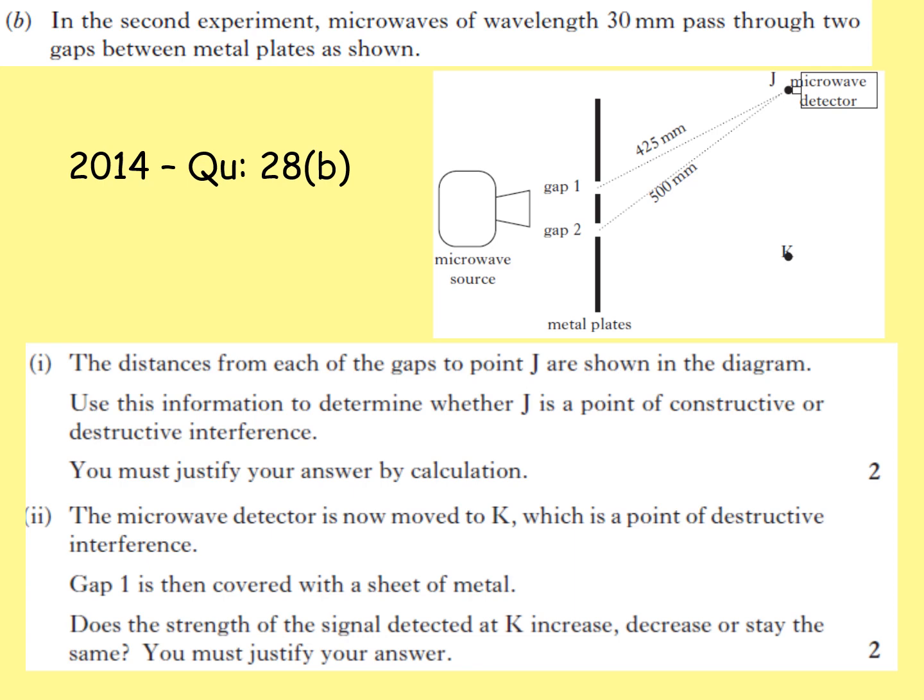You must justify your answer by calculation. Then in part 2, we're told the microwave detector is now moved to K, which is a point of destructive interference. Gap 1 is then covered with a sheet of metal, and you need to say whether the strength of the signal detected at K increases, decreases, or stays the same. Again, you must justify your answer.